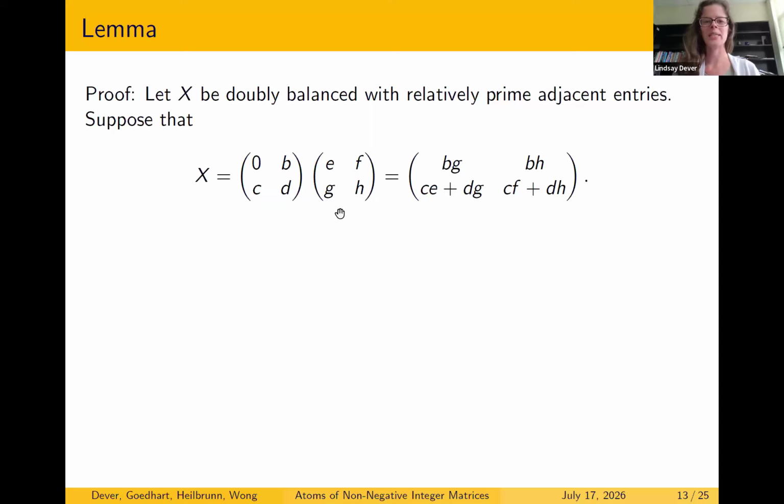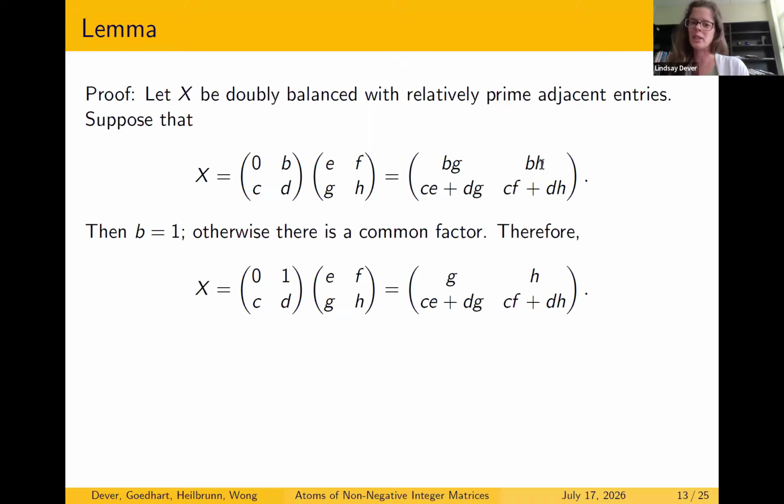The idea here is pretty simple. We just assume we have a zero entry, for example in the upper left corner of our first factor. Then if we multiply those two matrices, we have in the first row B times G and B times H. So we have a factor of B in the first row, but we're assuming that has relatively prime entries, and so B has to be 1, otherwise there's a common factor.